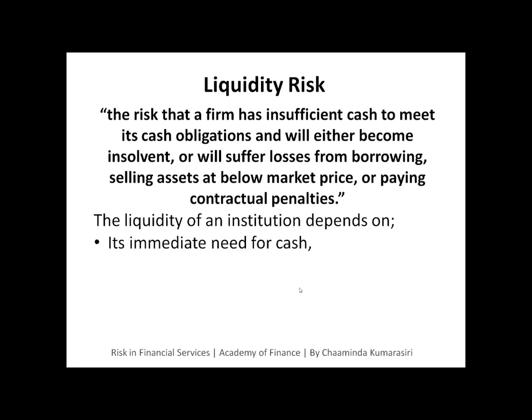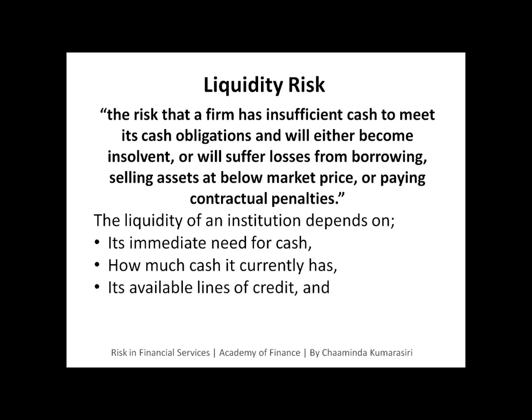Now, the liquidity level of an institution depends on its need for cash, right? Its immediate need for cash: how much cash is required and how much cash the institution currently has. That shows the gap.